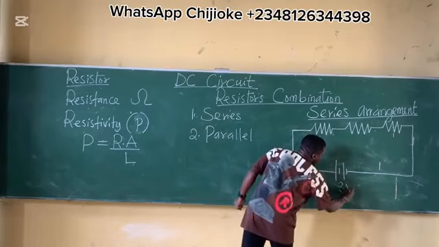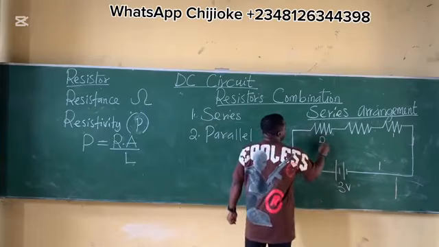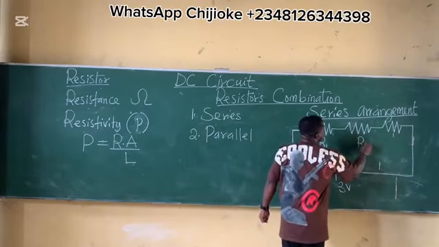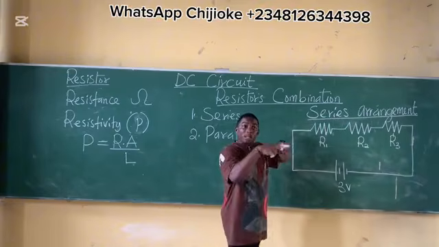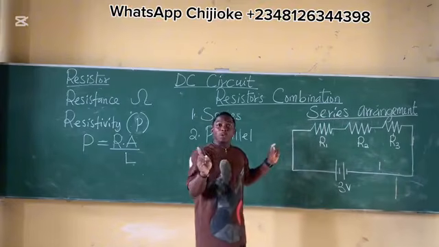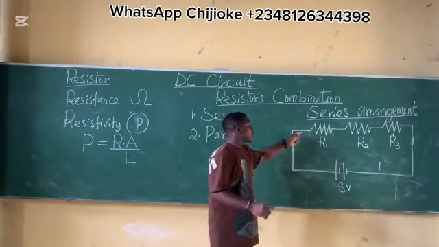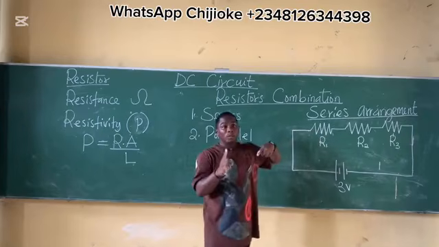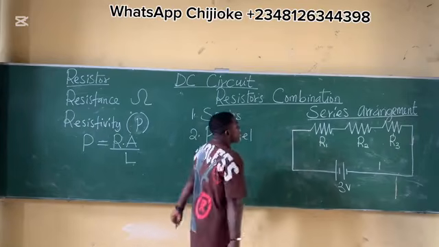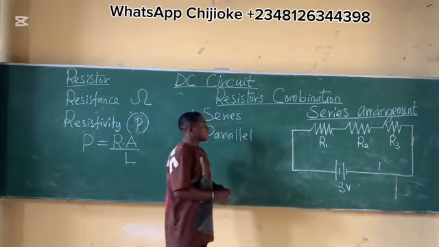Let's say this is 3 volts. This is R1, R2, R3. You can decide to use the box format or the zigzag form, whichever is convenient for you. But if you start off, you must end well. Alright, so let's consider this resistor arrangement in series.